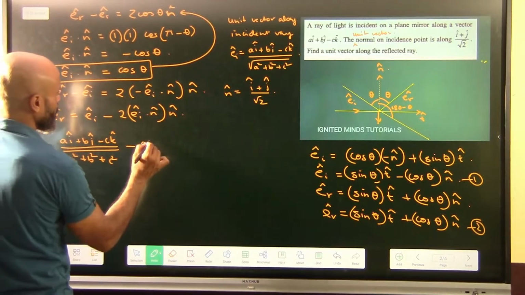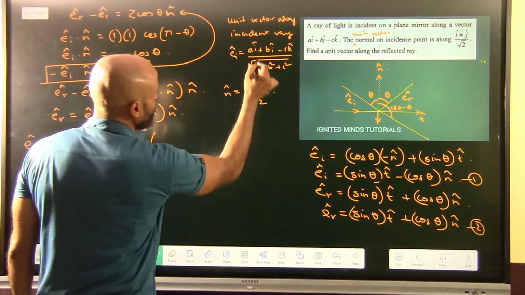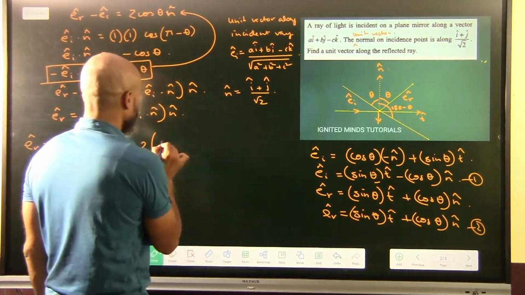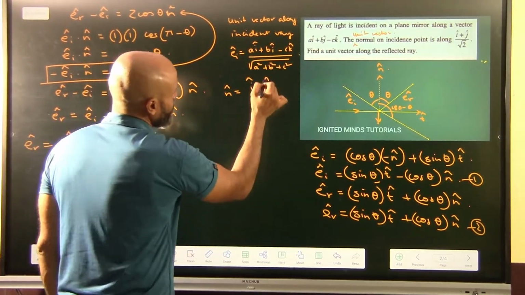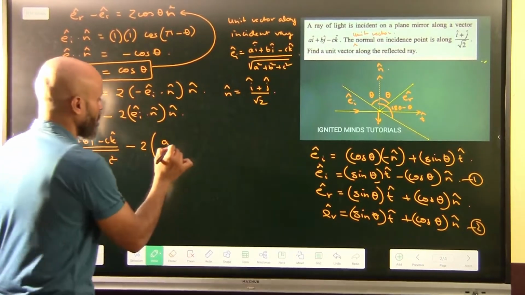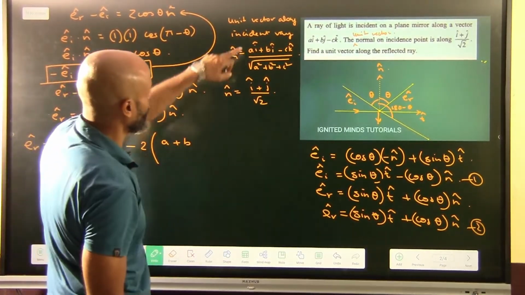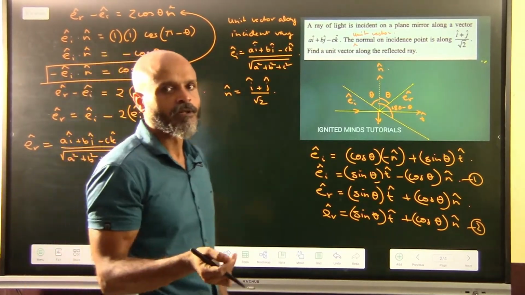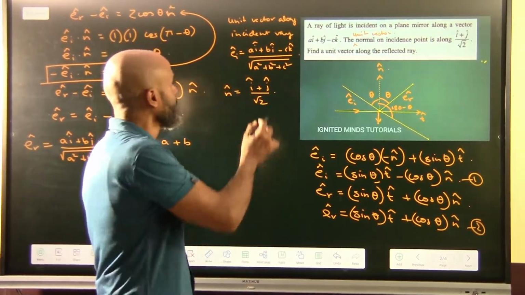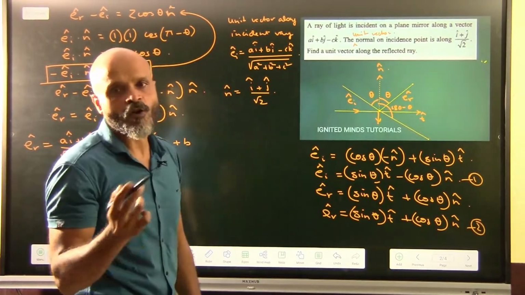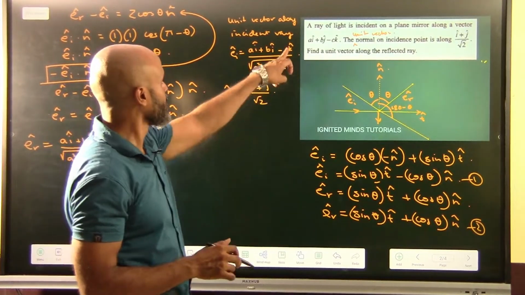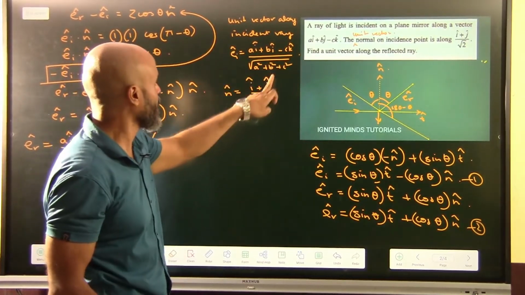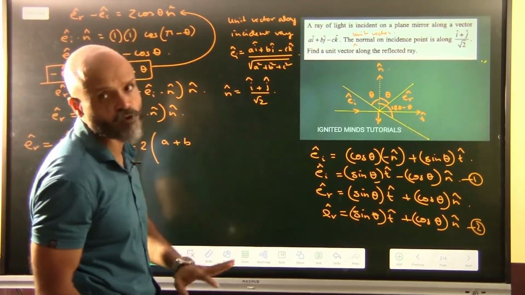If I multiply, ai multiplied by i gives a, and bj multiplied by j gives b. The other products, i into j, are 0 because the angle between them is 90 degrees, and cos 90 is 0. Similarly j into i is 0. K has no component to get multiplied, so k with i gives 0 and k with j gives 0. So we will have no c here.